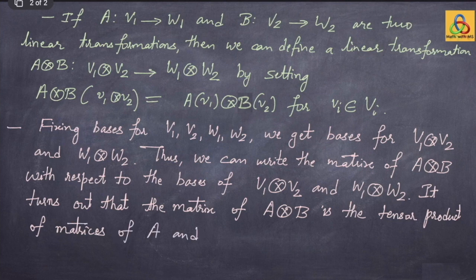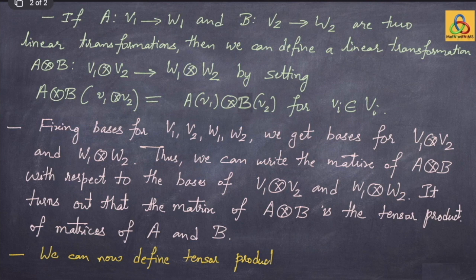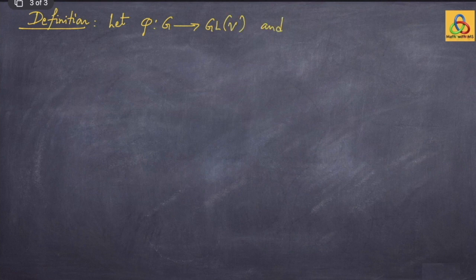Tensor product of matrices can be defined easily. If you have a matrix A and a matrix B, consider it as a block matrix where each block is B scaled by an entry from A. So if A is an m by n matrix and B is a p by q matrix, then A tensor B will be an mp by nq matrix.